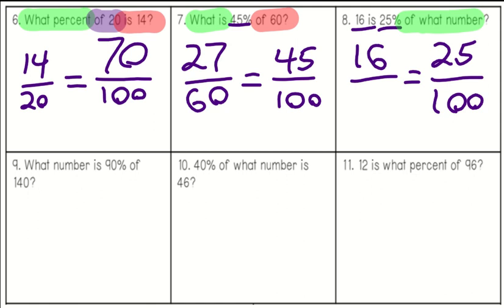So we still have is over of, percent over 100. So 16 times 100 divided by 25 is 64. Okay? Any questions on those? All right, y'all do 9, 10, 11 then.